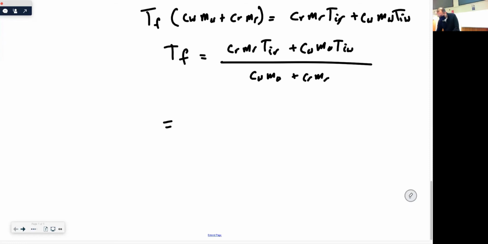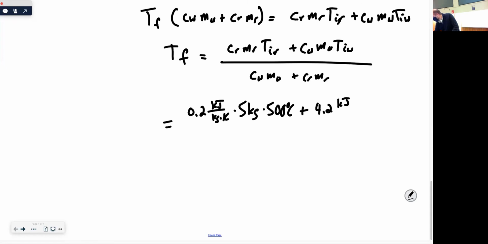Let me actually show you how this works. So I got 0.2 kilojoules per kilogram Kelvin, that's CR, times MR is 5 kilograms, mass of the rock, times the initial temperature, 500 degrees C, plus 4.2 kilojoules per kilogram Kelvin, times 200 kilograms, times 20 degrees Celsius.